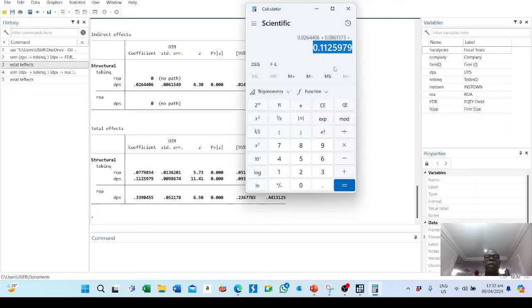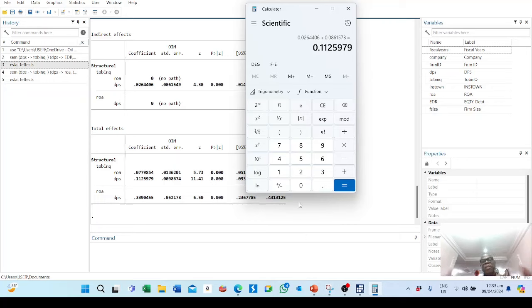That's 0.1125979. That gives us the total effect of dividend per share on Tobin's Q. On a direct effect basis, it has 0.0861573, and on an indirect basis, it has 0.0264406. The two combined give us the total effect of dividend per share on Tobin's Q. This is a simple example of how mediation can be applied in finance and accounting.